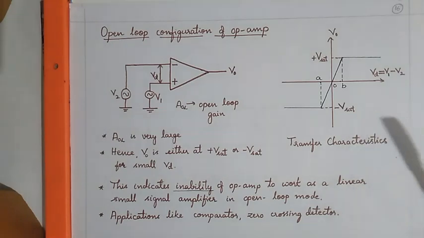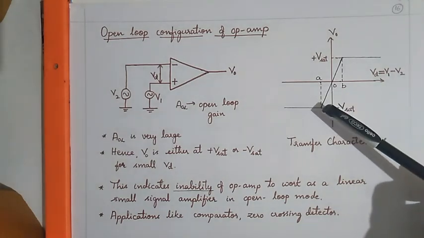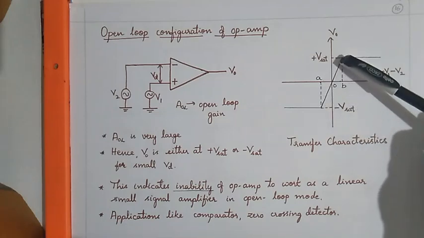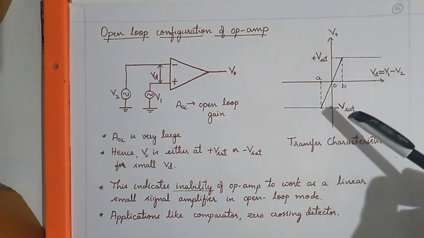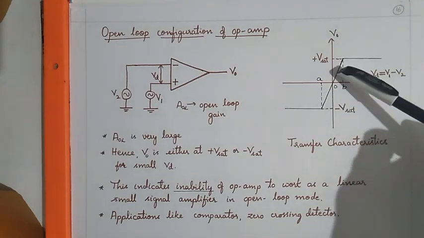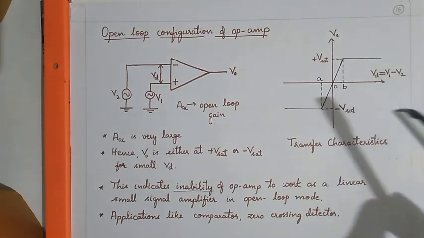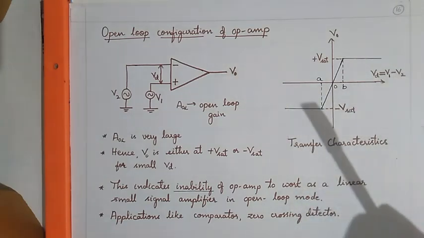In other words, for a small input voltage range the output is linear, after which it is saturated to plus or minus V saturation. Thus it operates linearly only for a small range, beyond which it saturates. So it is not suitable for linear applications.